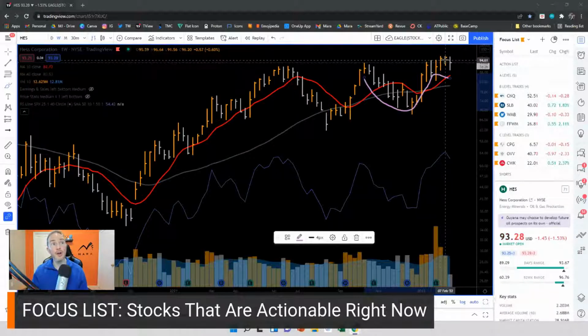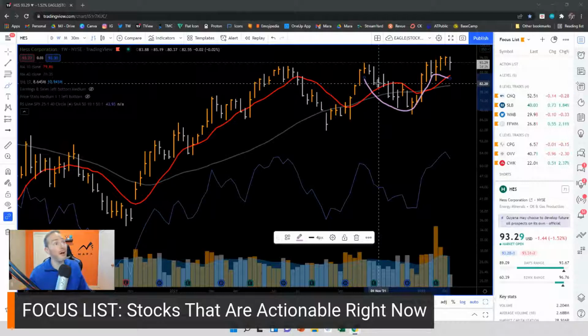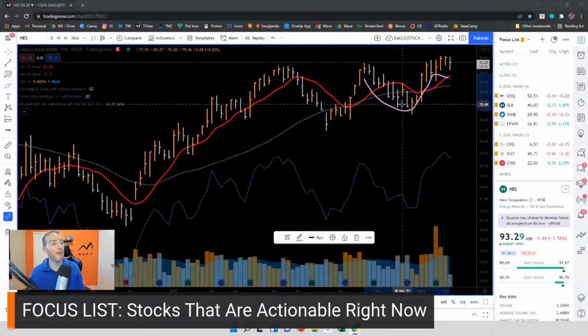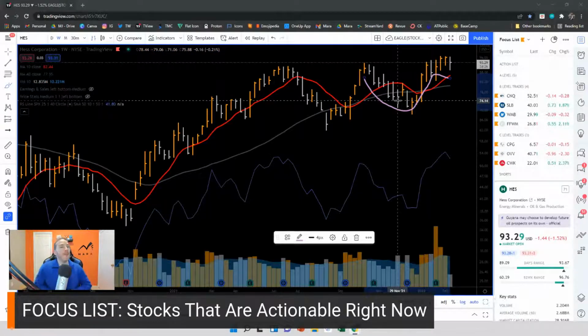Then you have 2 weeks in a handle. A handle should only be about a week long. There are a lot of other things too, like time spent below the 10-week line, time spent below the 40-week line. This is not a good pattern.